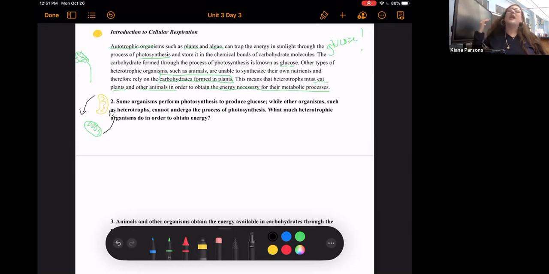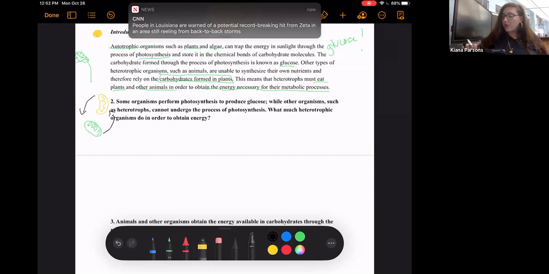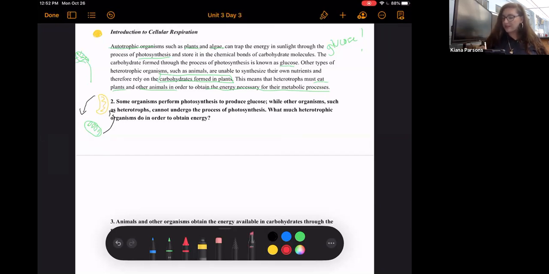So the question asks, some organisms perform photosynthesis to produce glucose, while other organisms, such as heterotrophs, cannot undergo the process of photosynthesis. What must heterotrophic organisms do in order to obtain energy? We have to eat.